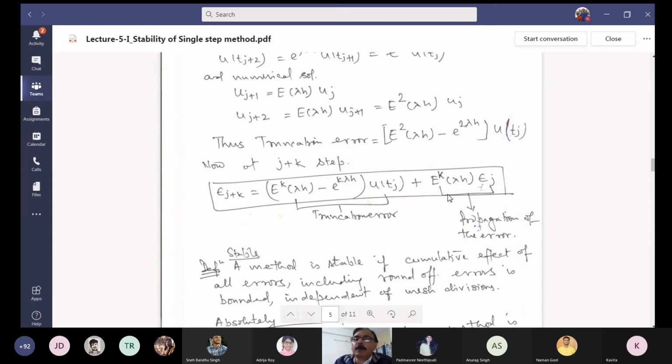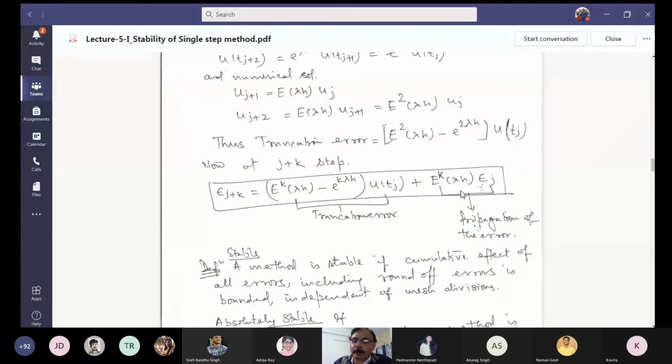If you can stop this propagation error, make it zero, then the method is fine. If this propagation error blows up, your method is not at all stable, right? Is this point clear? Yes, sir.